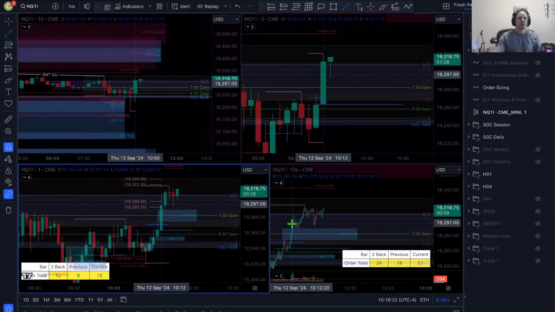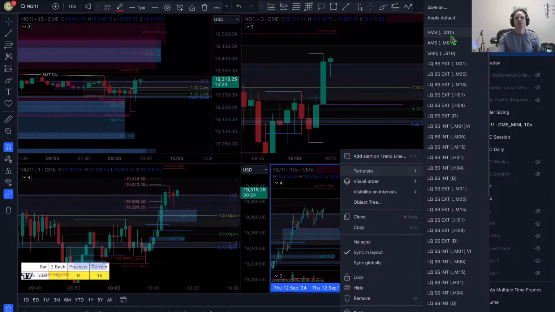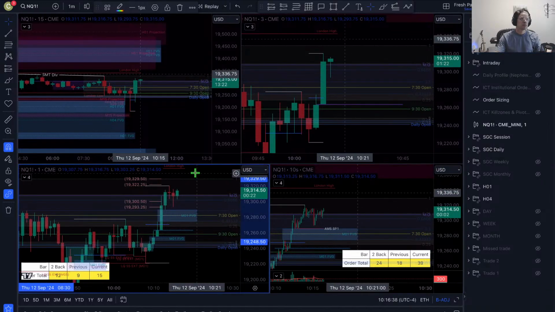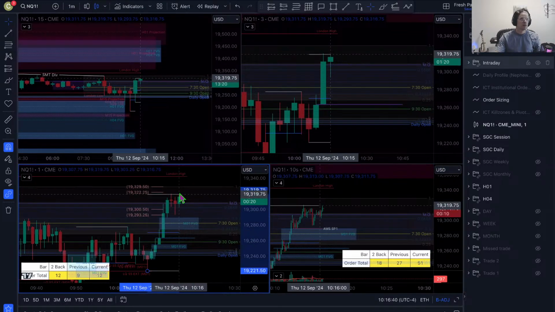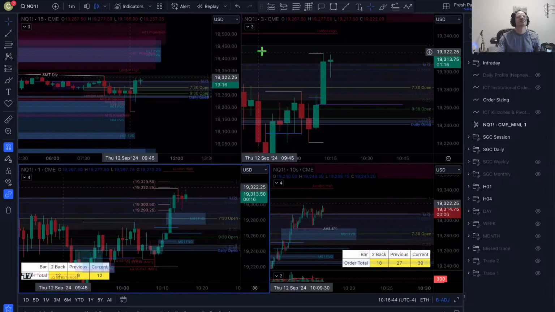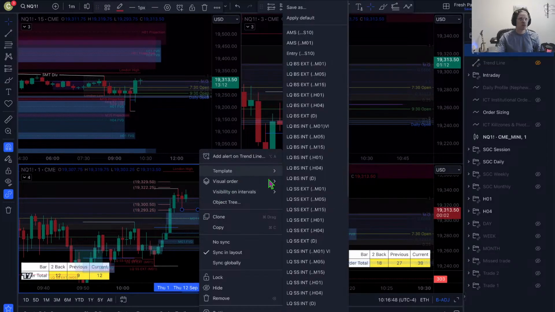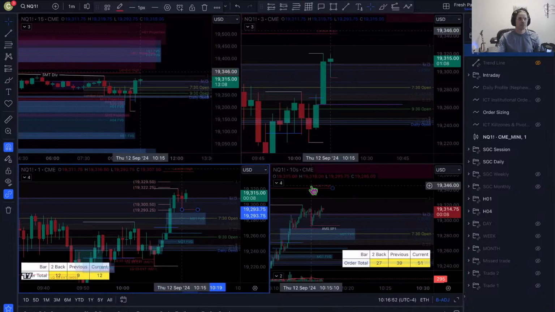We could have AMS out of here potentially form. Look at me. Can't be looking for an entry yet. Look at this AMS forming. That's funny. Here's some external liquidity that could form. So it's not formed yet, but it could form.